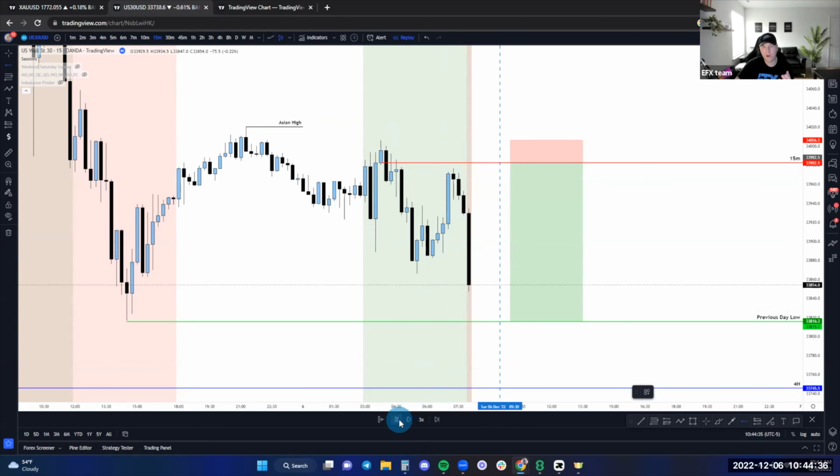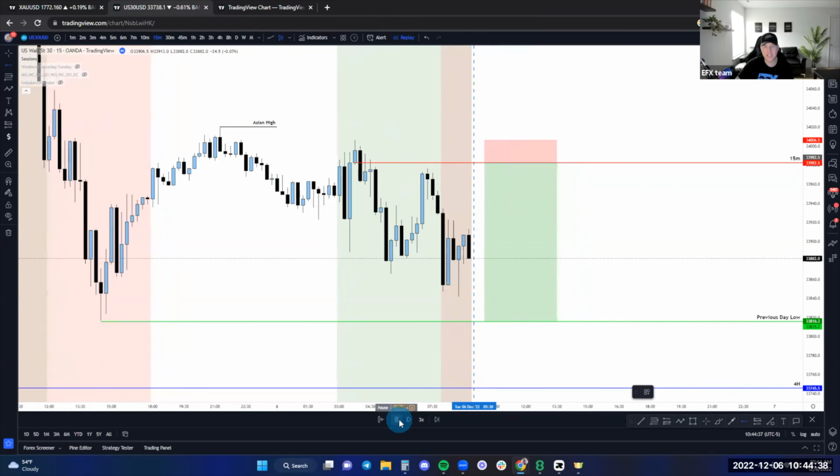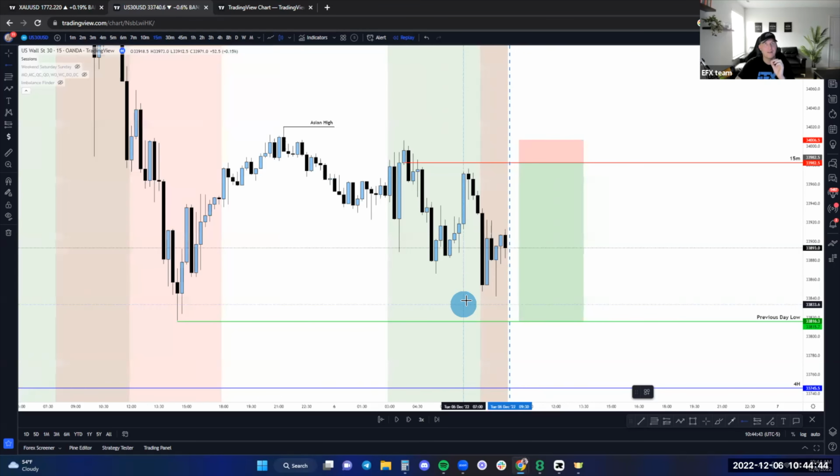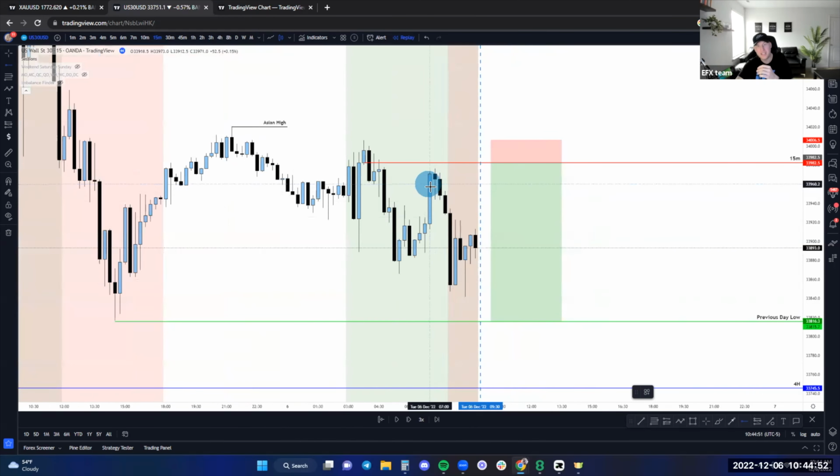When price came down, my biggest thing here is don't take the target before you start pulling back for equity. The only real target was this previous day low. It made this low and then started consolidating a little bit.